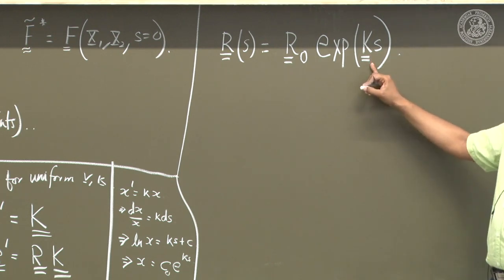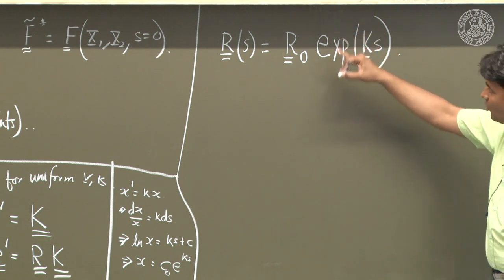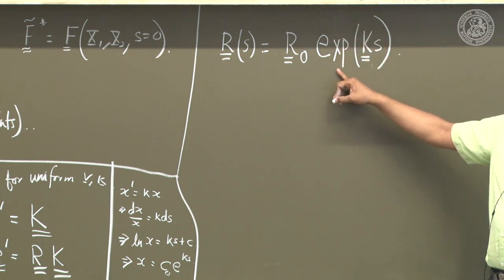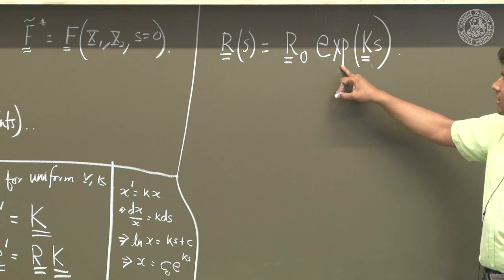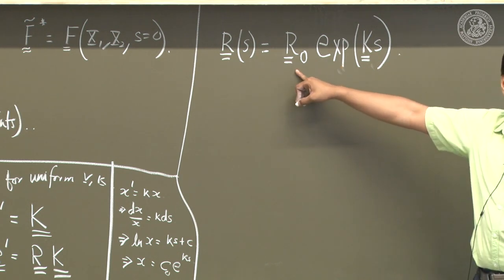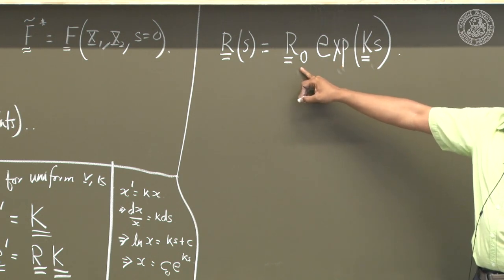This big K is a skew symmetric matrix, and when you work out its exponent, you get an SO3, and this big R naught is a constant of integration.